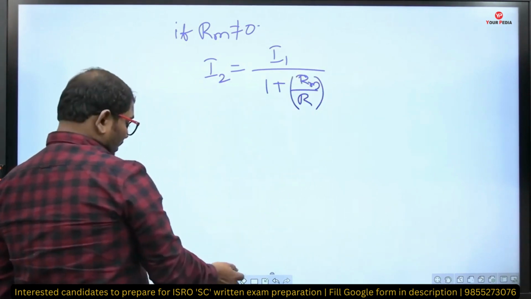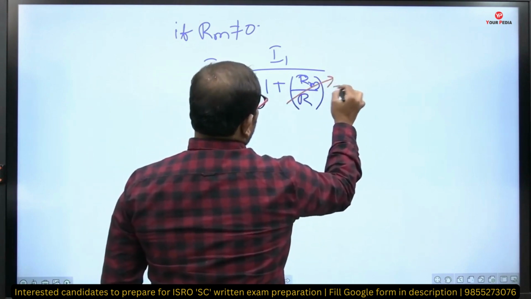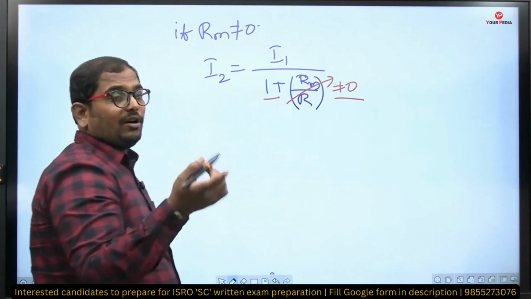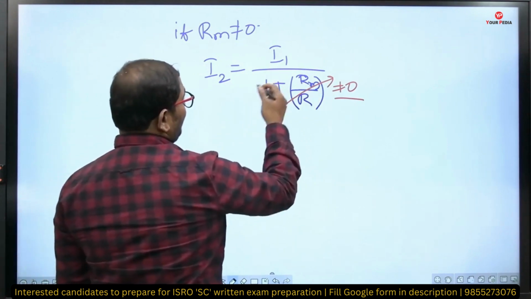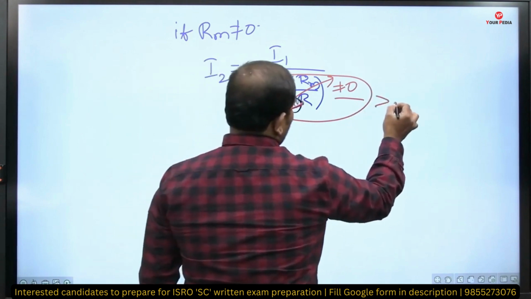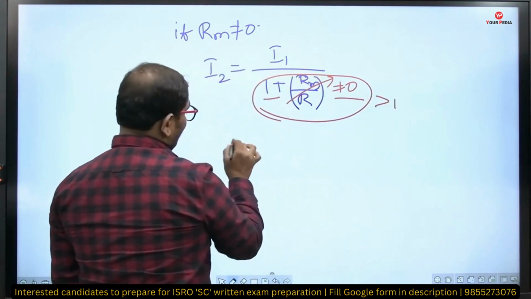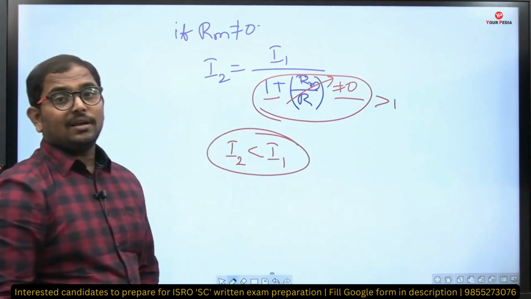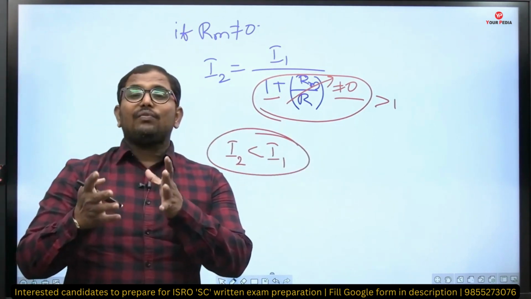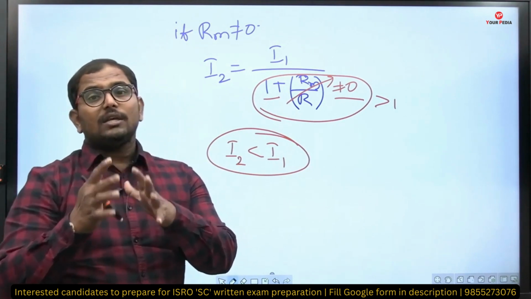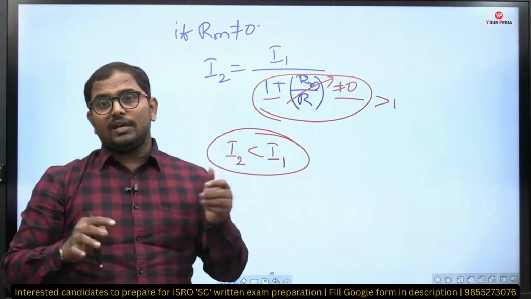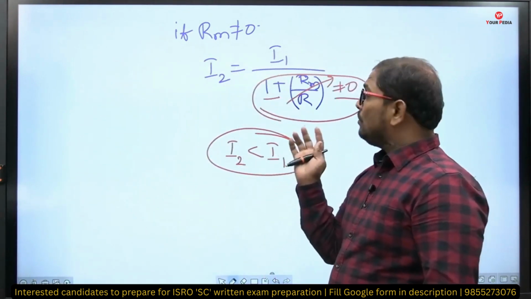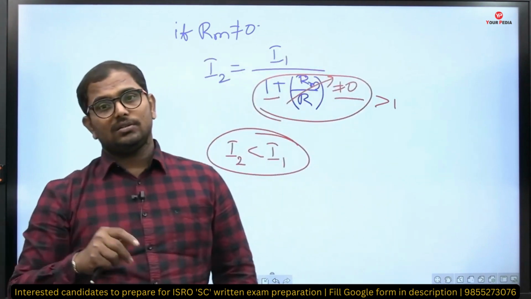So if this is non-zero, this non-zero value is added to 1, so we get a value more than 1, and the denominator becomes greater than 1, so that I2 becomes less than I1. It means the actual current measured by the ammeter is less than the original value of current flowing through the circuit.